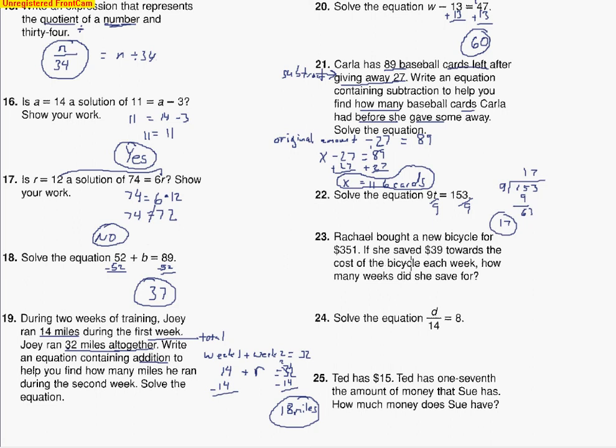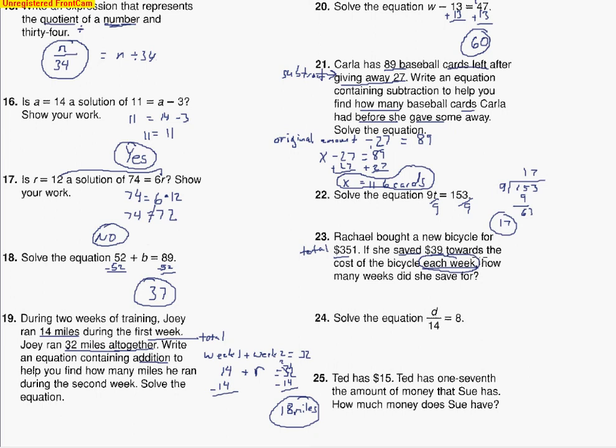Rachel bought a new bicycle for $351, so that's a total. She spent that amount, so I know that is the final amount. If she saved $39 toward the cost of the bicycle each week, this tells us that we're multiplying.